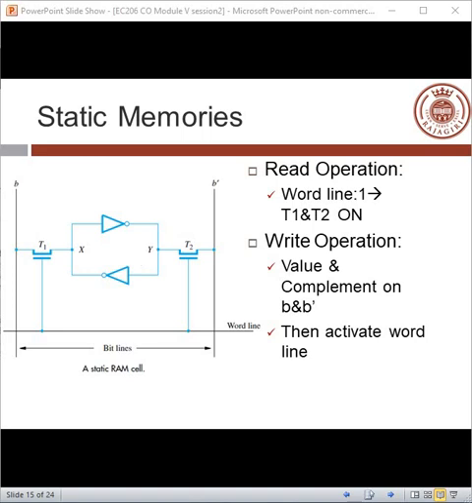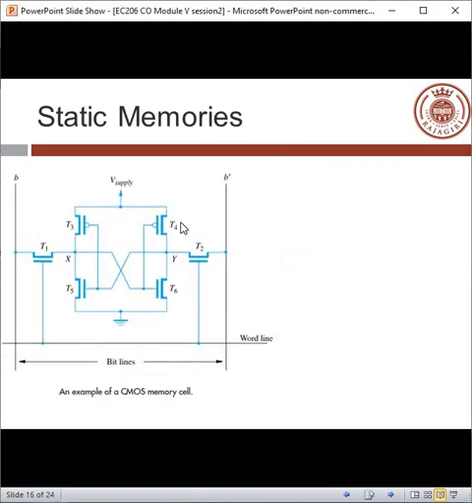Now we will see a more detailed view of this static memory. We have two inverters. These inverters we can build in CMOS technology. So in CMOS technology, each inverter has a PMOS and an NMOS. This is shown over here.